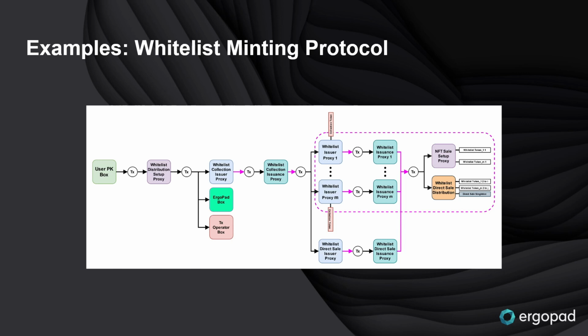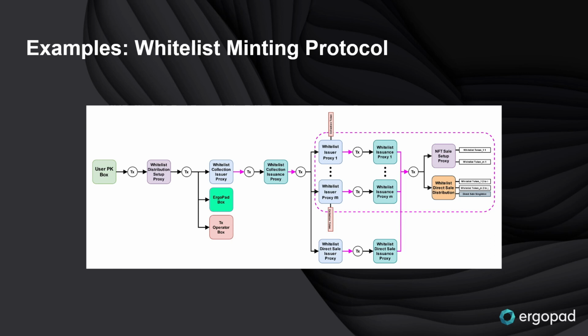And finally, we output the NFT sale setup proxy and a direct sale distribution box, which contains one of each of the whitelist tokens, as well as a direct sale sort of singleton token served as an identifier, which represents the direct sale for this whitelist token.